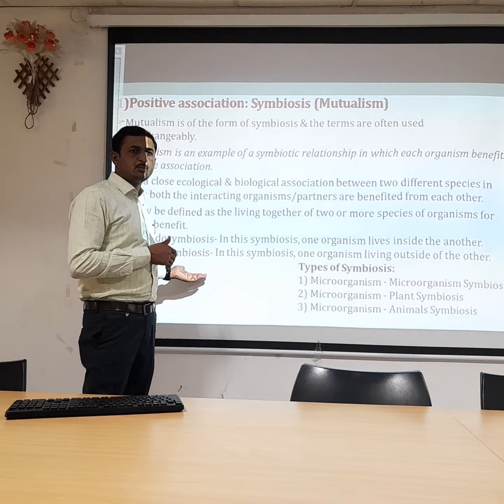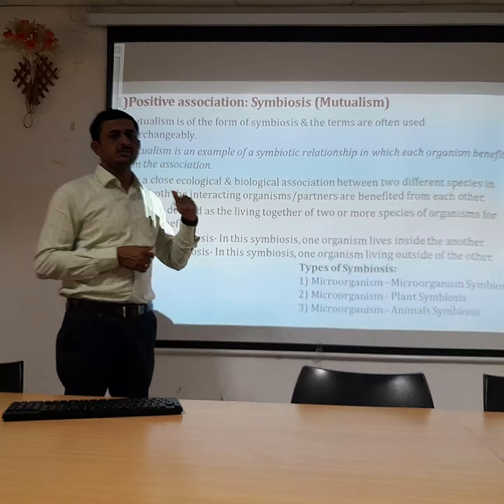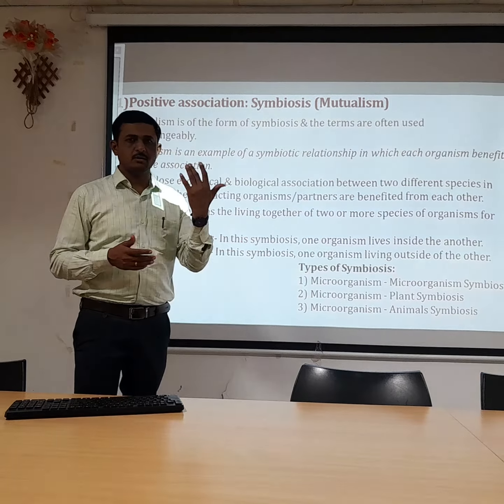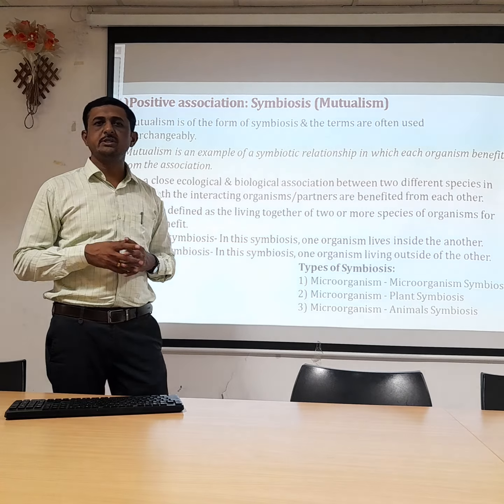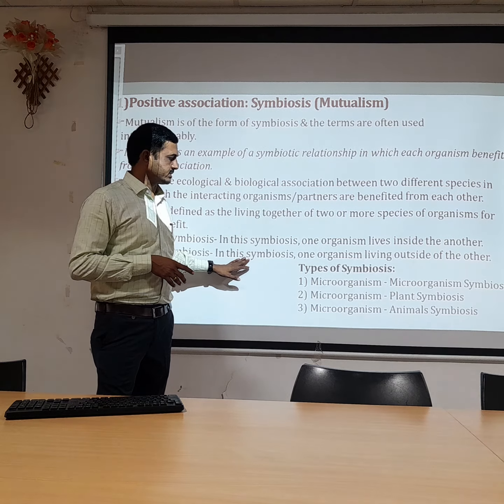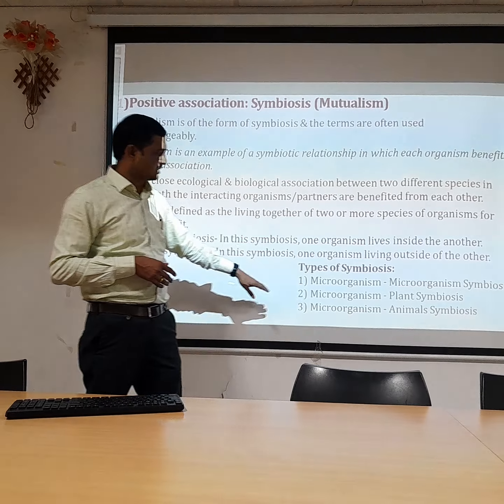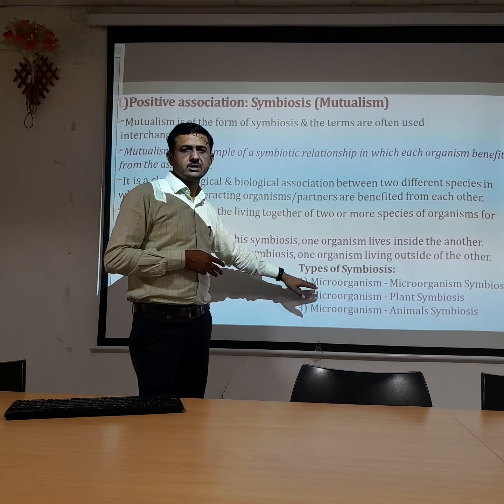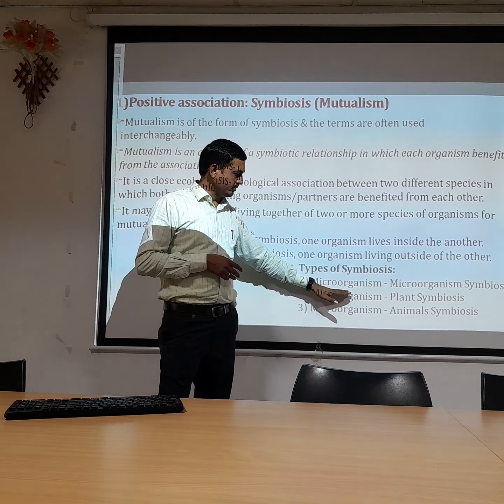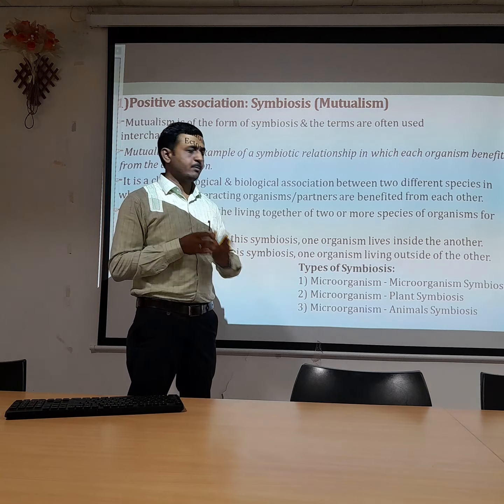Ectosymbiosis is another type of symbiotic association. In this symbiosis, one organism lives outside of the other. That means one partner resides outside the body of the other, and that is ectosymbiosis. In symbiotic association, we have to discuss three different types. The first is the association between microorganisms and microorganisms.